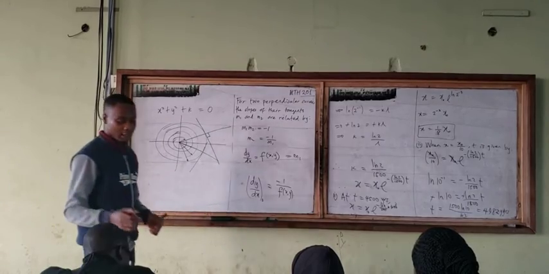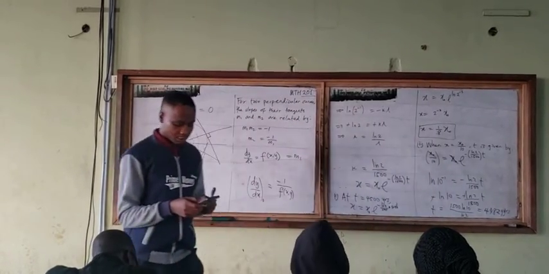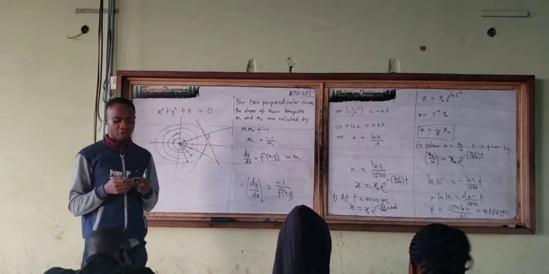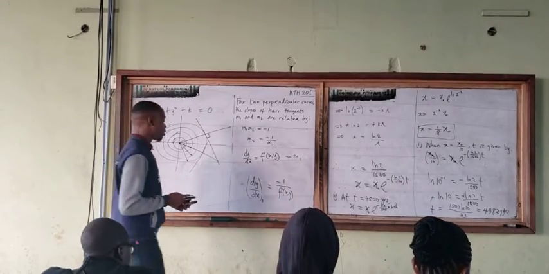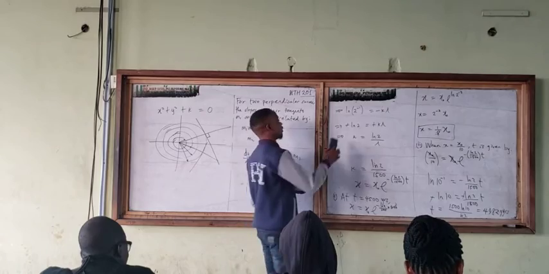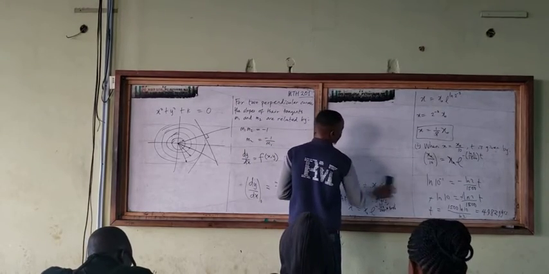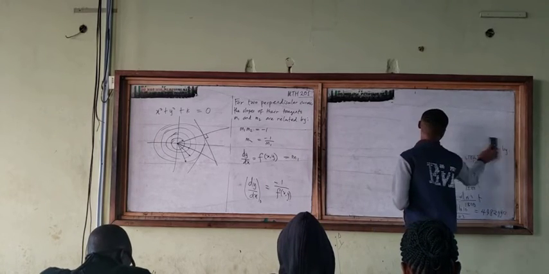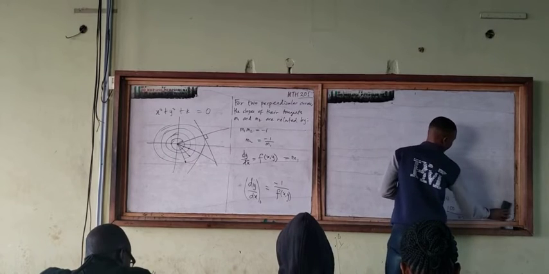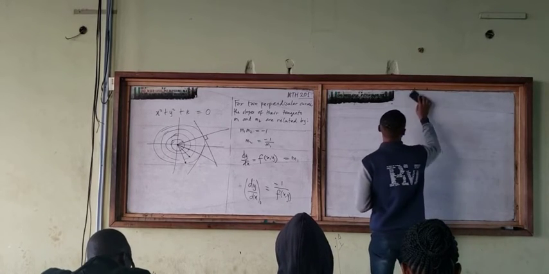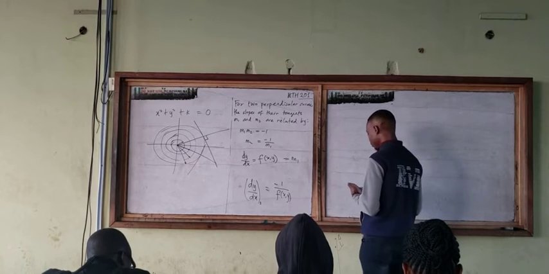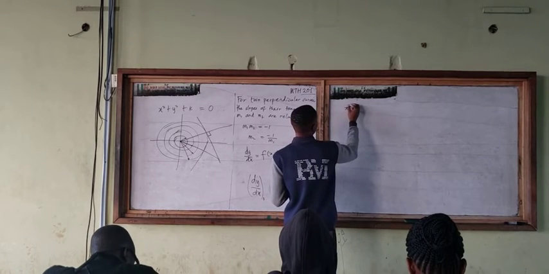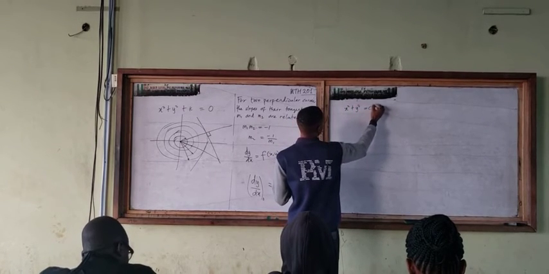So let's quickly solve some problems under this application. Look at number 7. Find the orthogonal trajectories of the family of curves x squared plus y squared equals c squared. That's for circles, x squared plus y squared equals c squared.